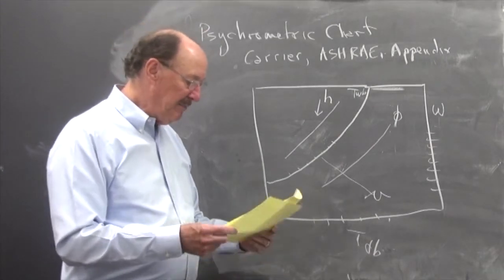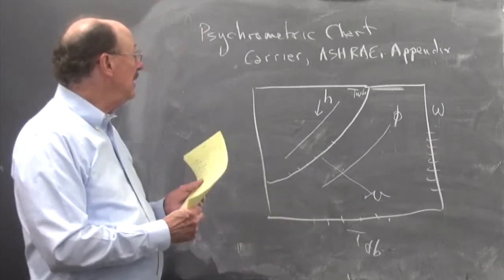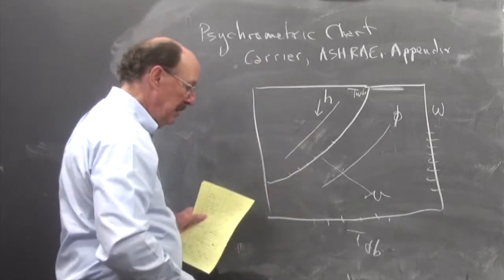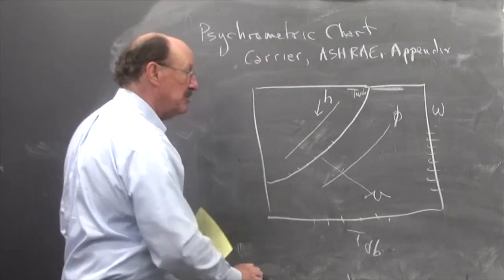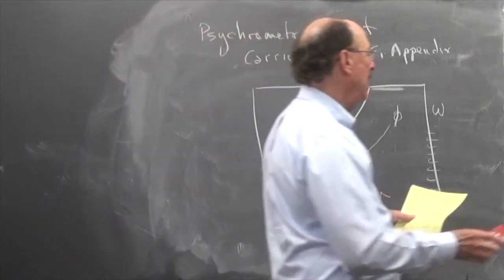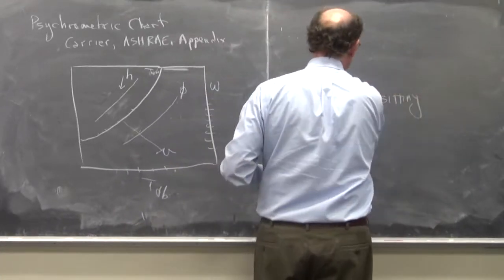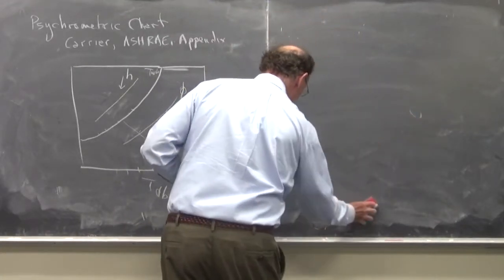So if you would get the chart from Blackboard or from the appendix or from online, we're going to be looking at English units, and I'll give you some examples.